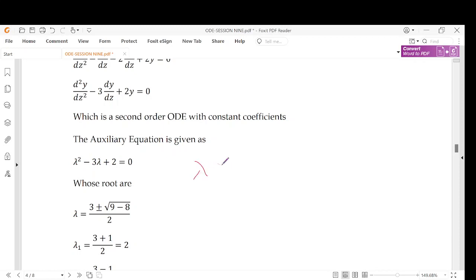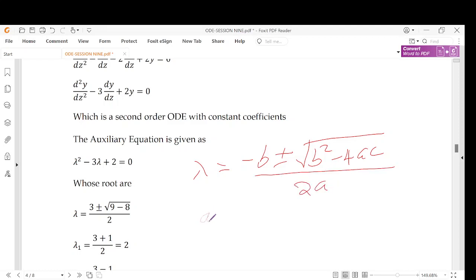The roots will be given by minus b plus or minus the square root of b squared minus 4ac, divided by 2a. Notice that a, the coefficient of lambda squared, is 1, b, the coefficient of lambda, is minus 3, and c, the constant term, is 2.